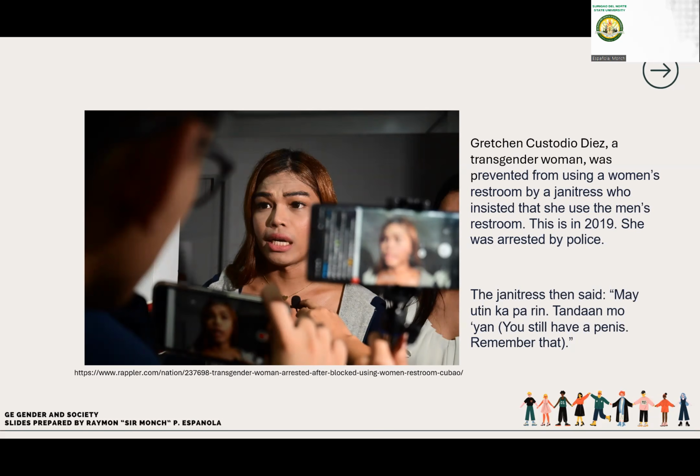The janitress then said, "May utin ka pa rin, tandaan mo yan." And that was a very controversial event in 2019, that sparked a lot of conversation surrounding gender identity, gender expression, being transgender in general.